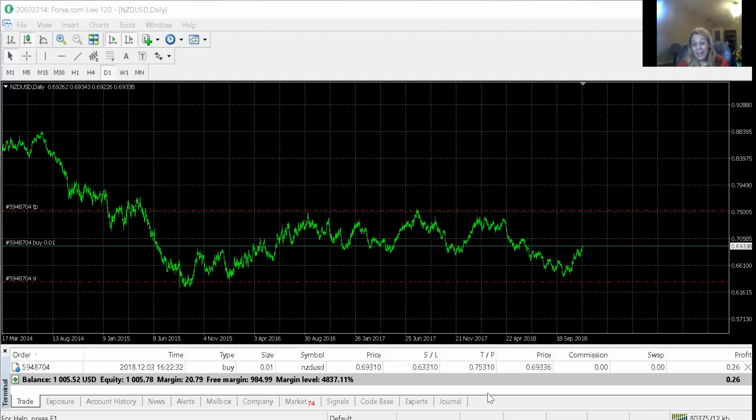The reason I say 26 cents is only 26 pips is because my lot size is at 0.01, the lowest possible lot size you could have. And the reason is to keep my risk to profit ratio low, so I can adjust accordingly.